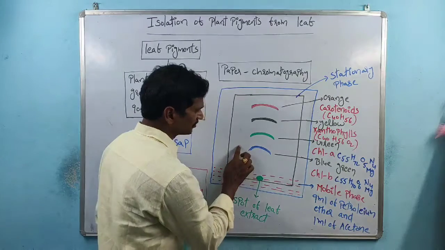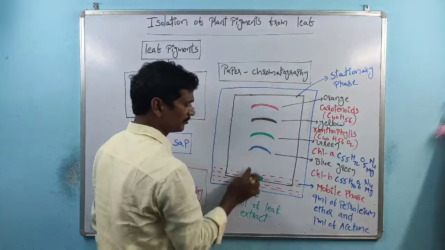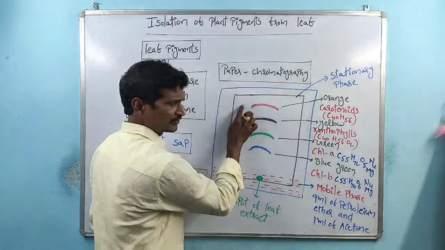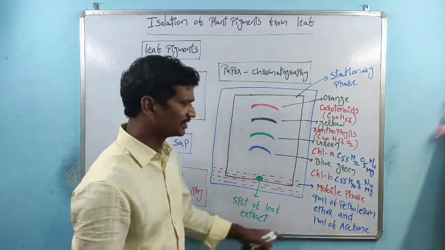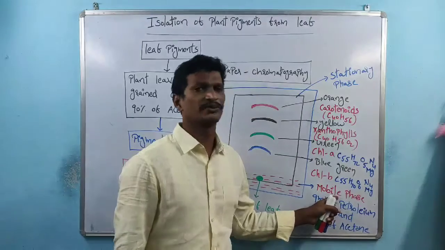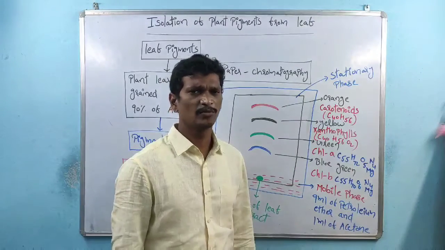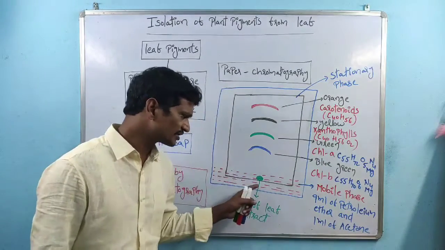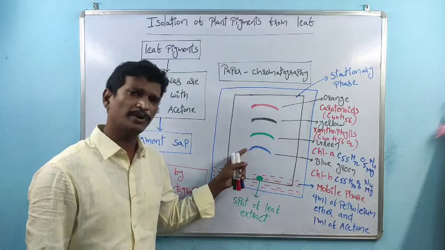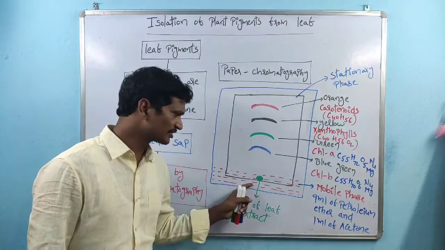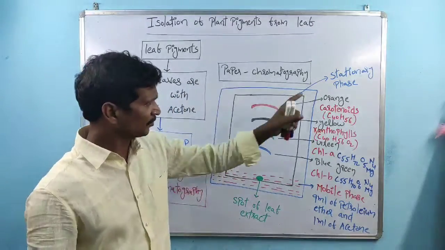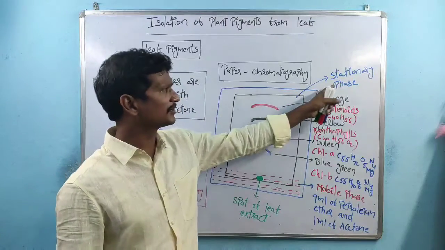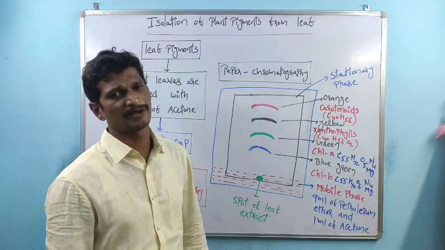The pigments are moving from here to here, because the liquid is there. The liquid acts like a mobile phase, supporting the movement of the plant pigments. The paper is called the stationary phase.